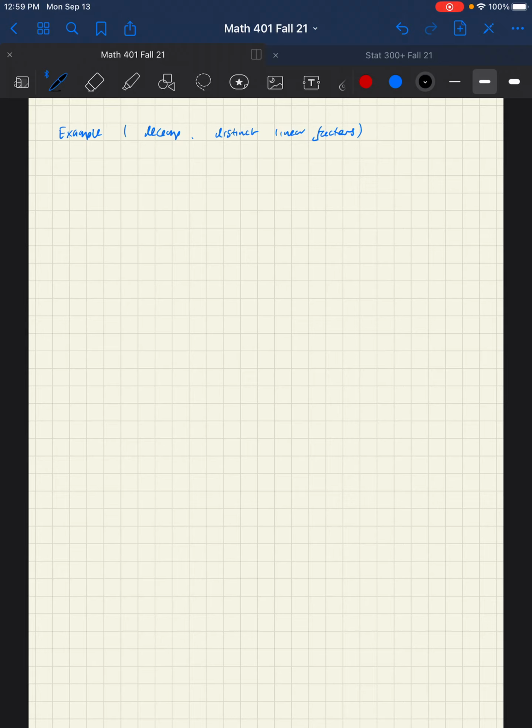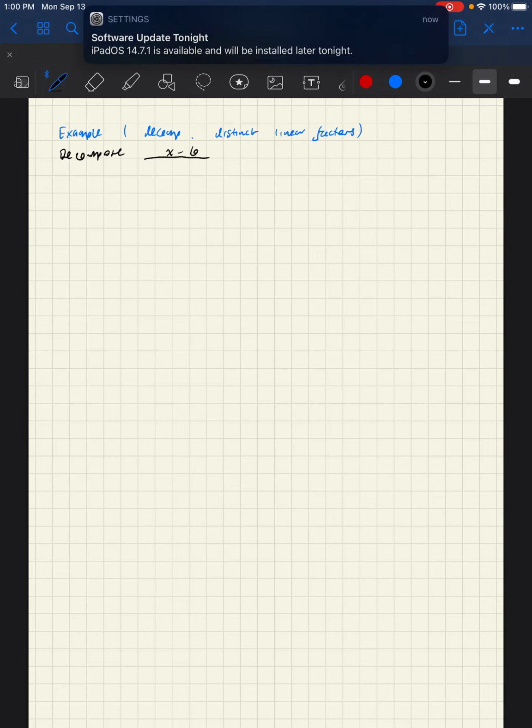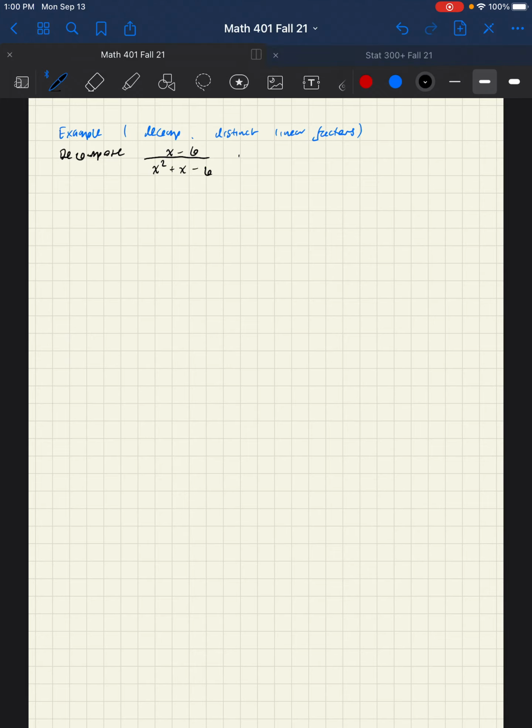So we're going to decompose, using the method of partial fraction decomposition, x minus 6 over x squared plus x minus 6. Okay, so some key things here.